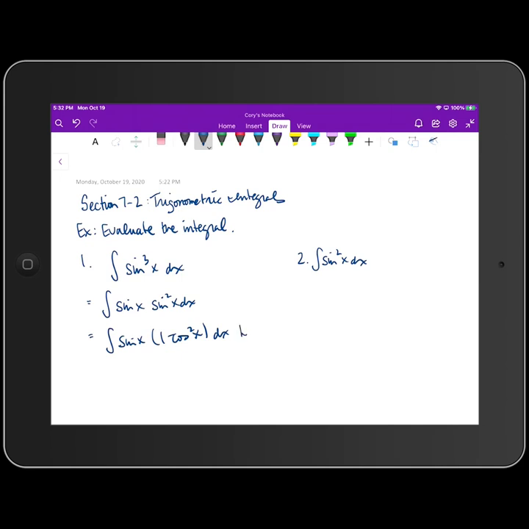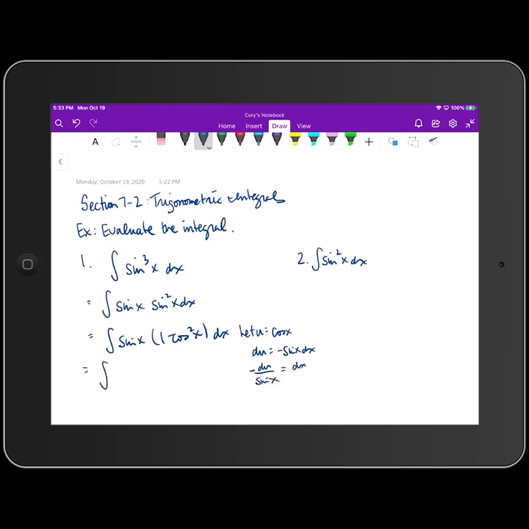And then when we rewrite sine squared as 1 minus cosine squared, that makes this integral a candidate for u substitution. Okay, so we can let u equal the cosine of x, which makes du equal to negative the sine of x dx, and dx is equal to negative du over the sine of x.